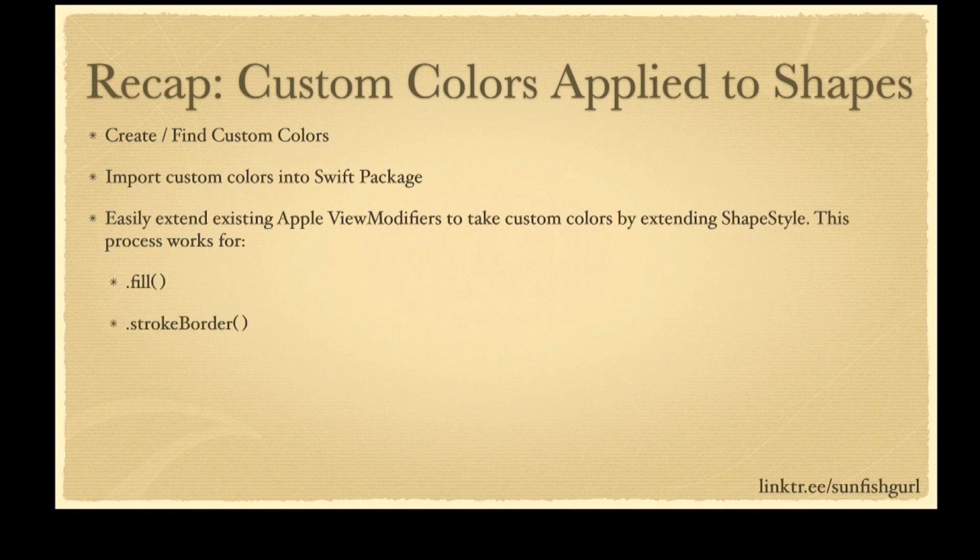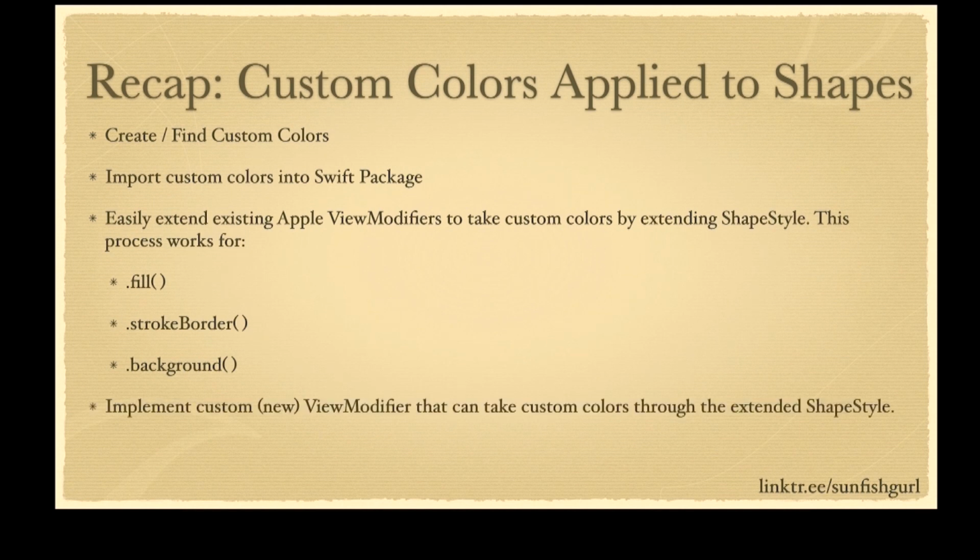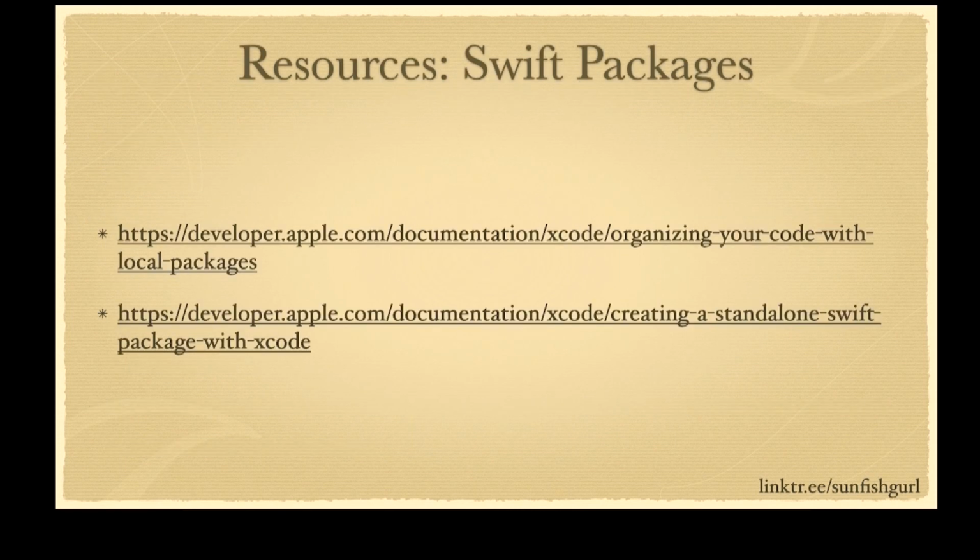This works for the fill modifier, the stroke border modifier, and background. And now we also needed to implement a new custom view modifier that can take custom colors through the extended ShapeStyle. And this worked for our custom fill and stroke border modifier.